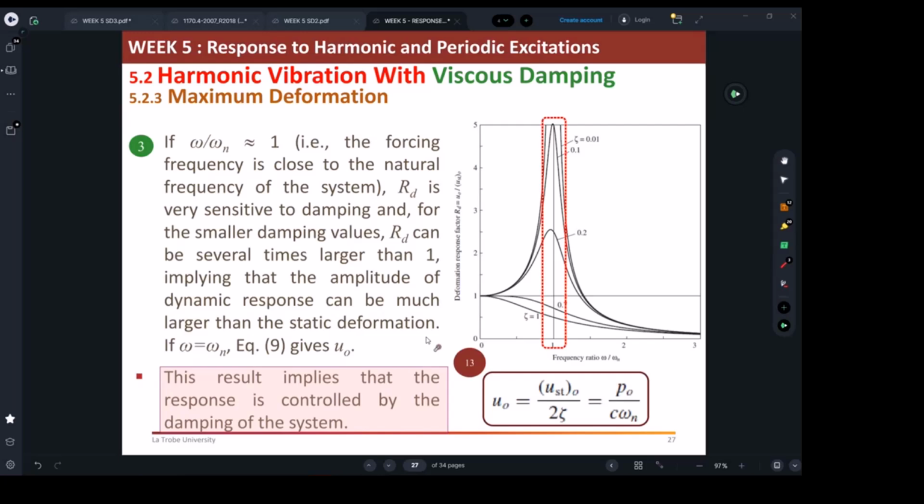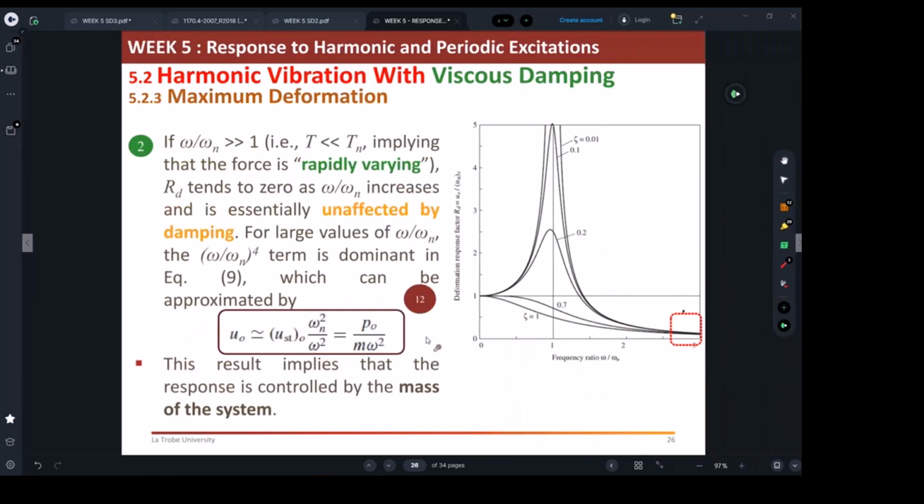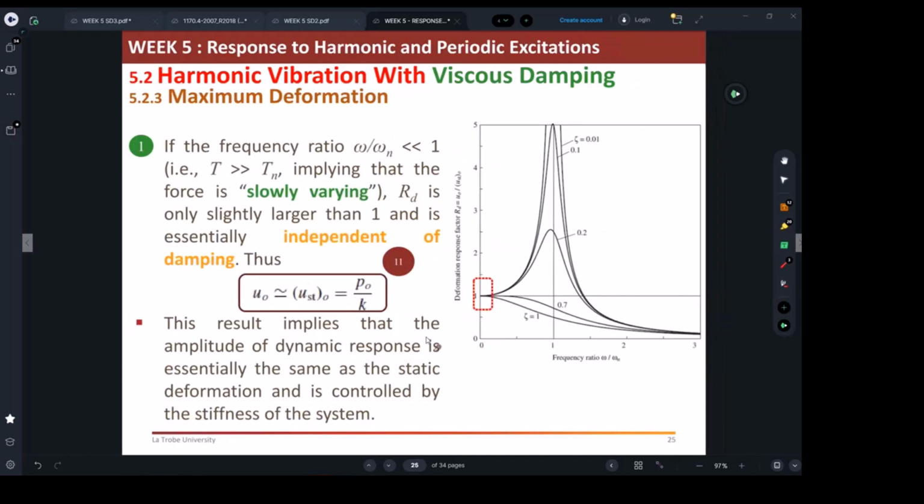That's the third case. Case number 2, when we had the soft building being excited by very rough ground excitation, we use this equation. Case number 1, when we have the stiff building being excited by the gentle motion, we use equation number 11.